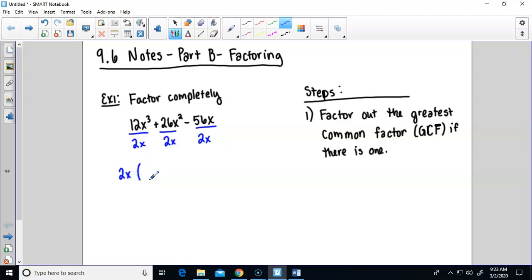So we're going to have our 2x out front. And so when we divide everything by 2x, Riley, what will we get on the inside of the parentheses? Okay, we'll have 6. How many x's with it? Good.